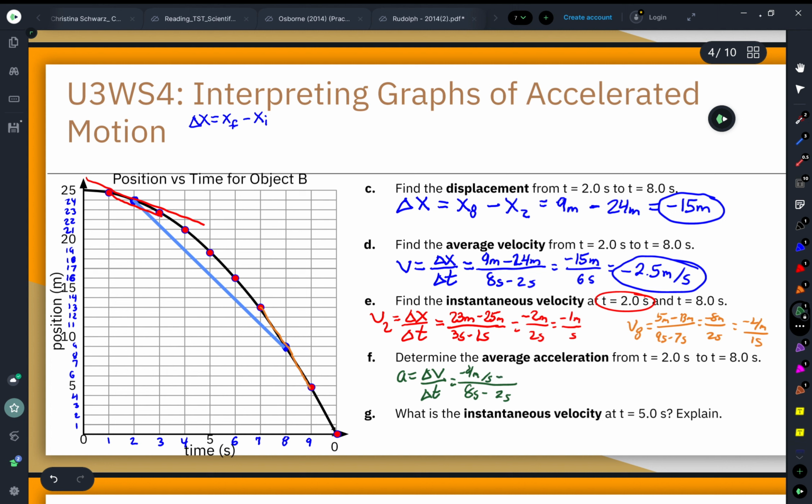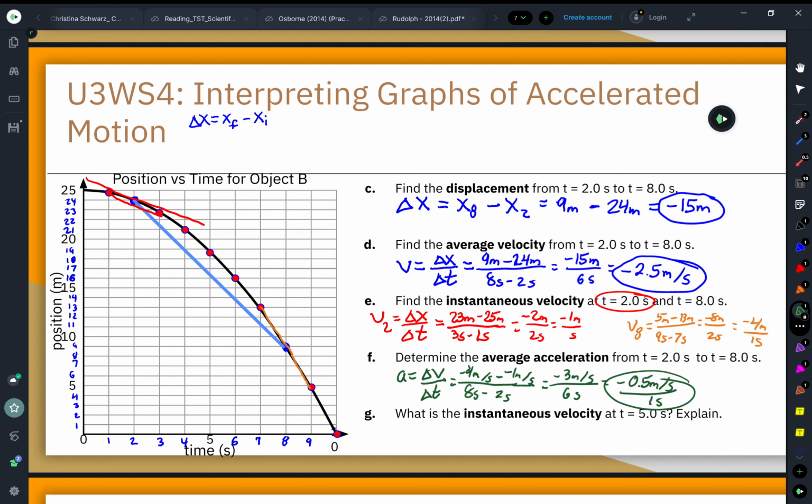And the velocity at 2 seconds was negative 1 meter per second. So our change in velocity here would be negative 3 meters per second. So we decreased our velocity by 3 meters per second, and that occurred over a time interval of 6 seconds. So our average acceleration would be negative 0.5 meters per second each second.